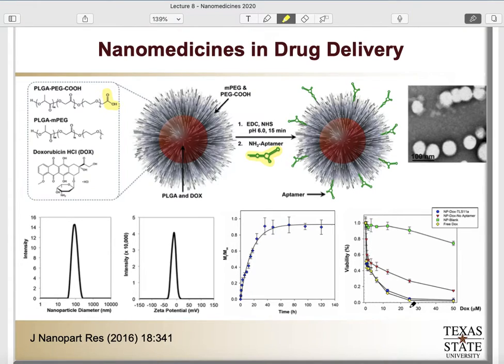So reduced viability means increased cancer killing ability. And what we found is that our nanoparticles with the targeting agent, which is the blue, behaved almost identically to the free drug in solution. So even though we didn't get better results than the drug by itself, we still think that this nanocarrier would be better because it would protect the healthy tissues as opposed to just using a drug solution, by utilizing passive targeting.